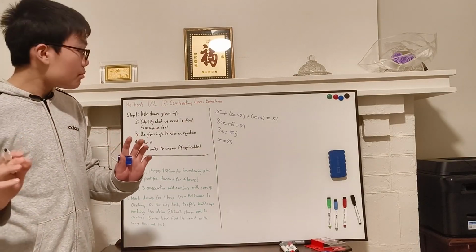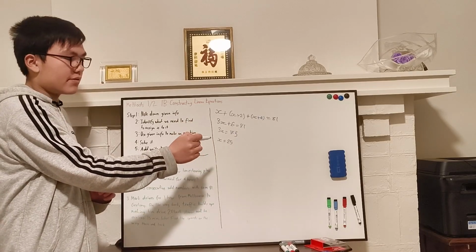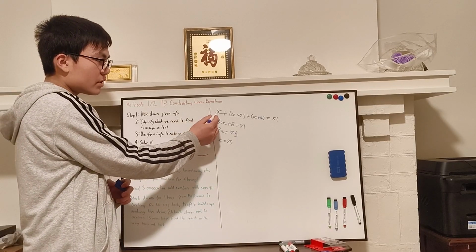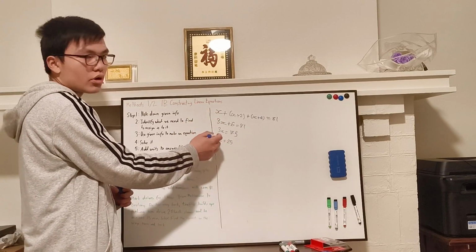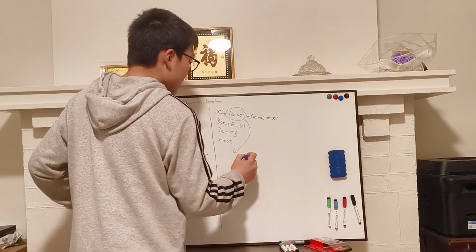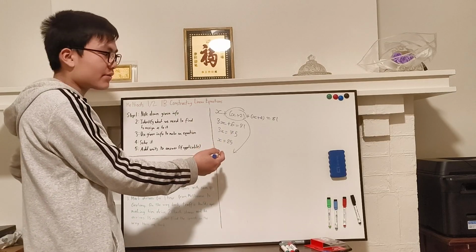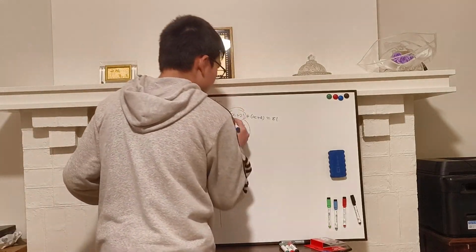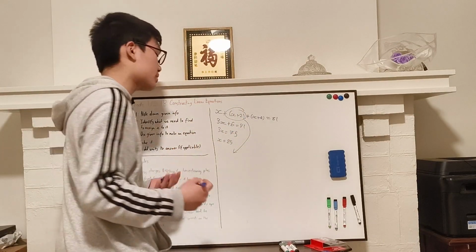We're not done yet though, because this is our first number that we've found. So the smaller number, in this case just x, is going to be 25. For these two numbers, x plus 2, we just substitute x equals 25 into them. So x plus 2, 25 plus 2, that's 27.